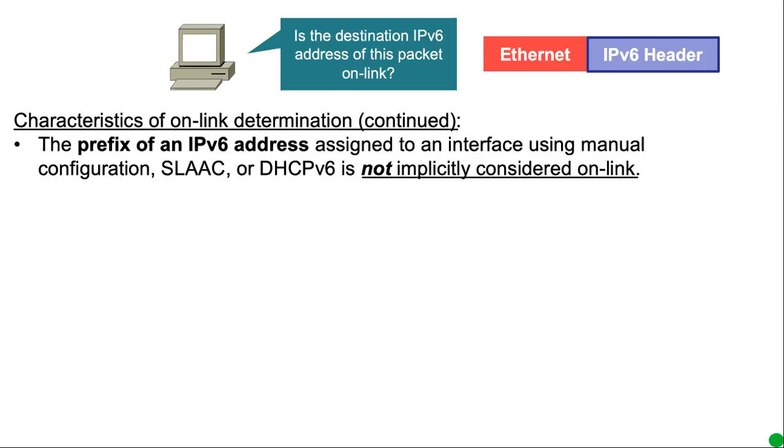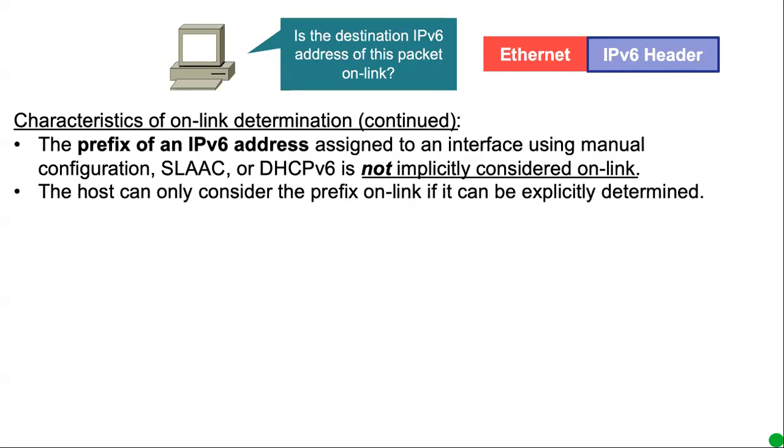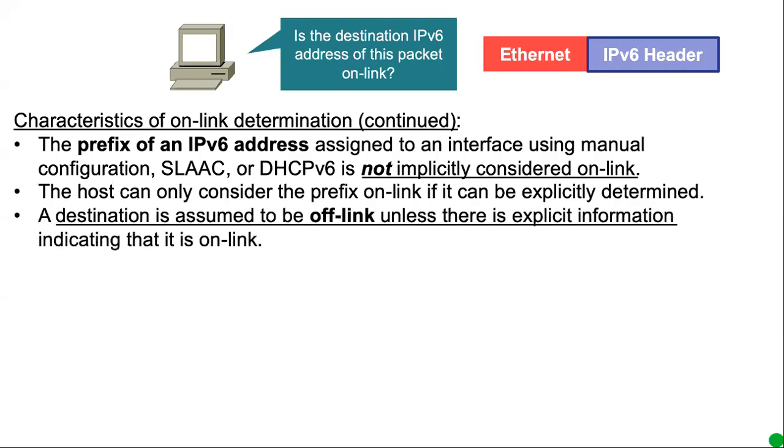Although there's not a lot of uses for this right now, a device could have an IPv6 address that is considered off link, meaning, wait a minute, I have an address but the network is someplace else. So a host can only consider the prefix on link if it can be explicitly determined. Otherwise, it's considered off link.